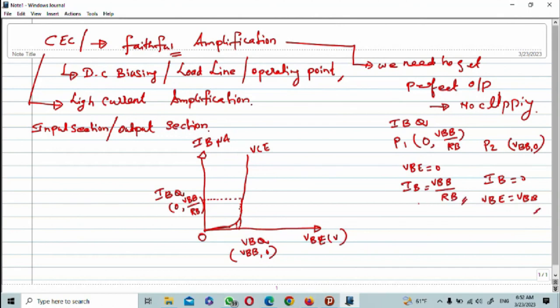From these two points we are going to draw the operating point. This is called the Q point, or operating point, or stability factor point.